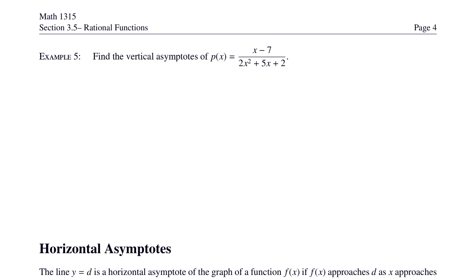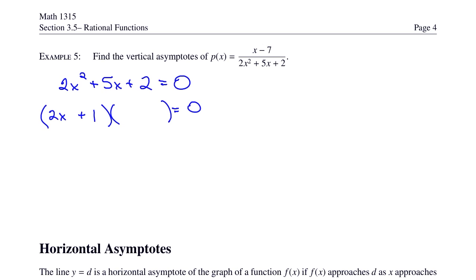This one is reduced already. Take the denominator. Set it equal to 0. This one factors as 2x plus 1 and x plus 2.